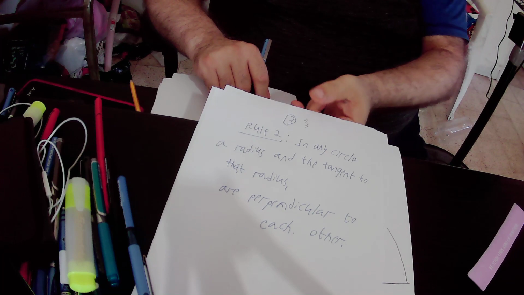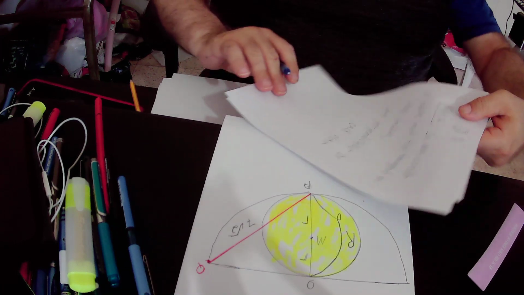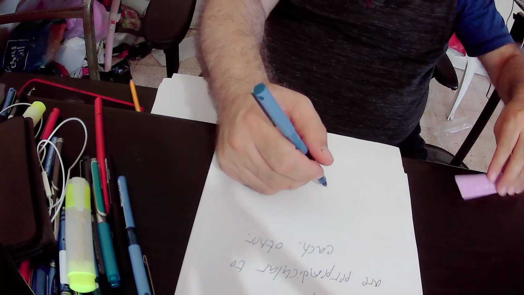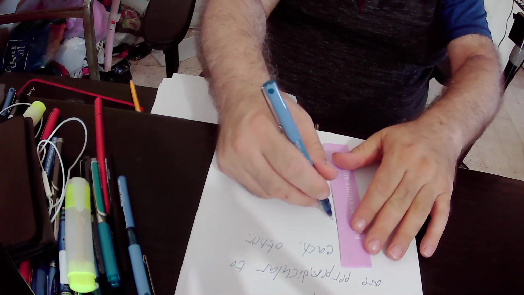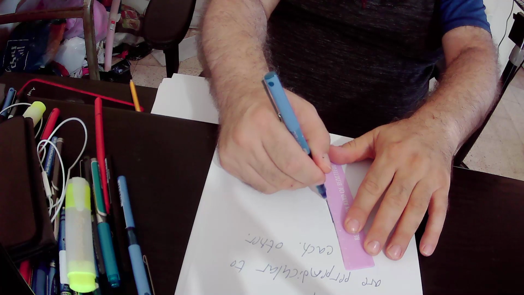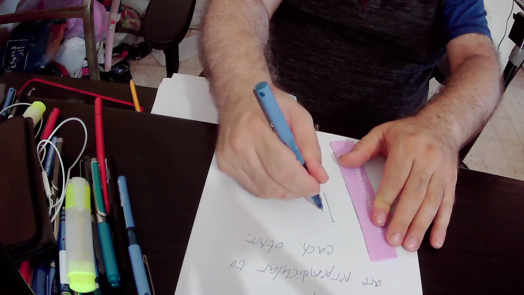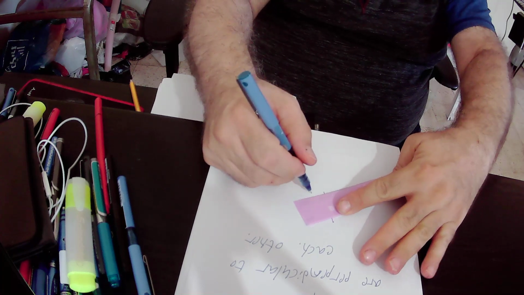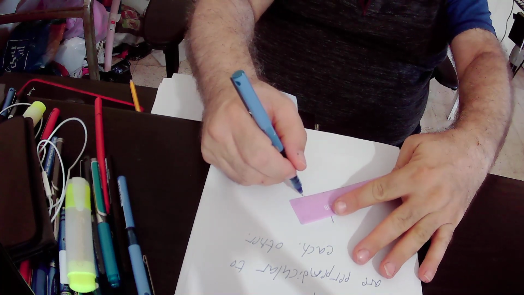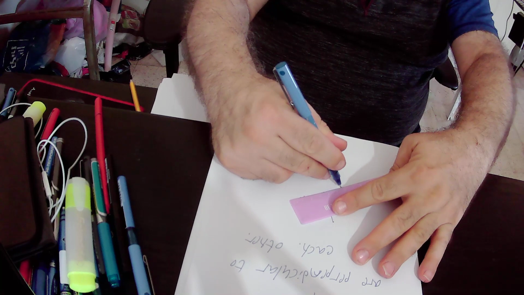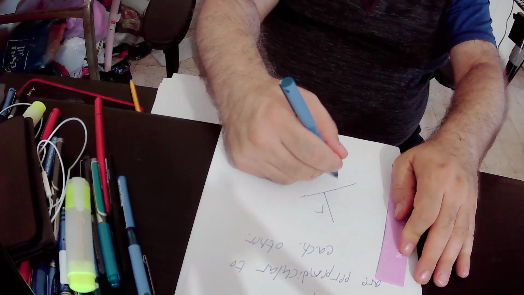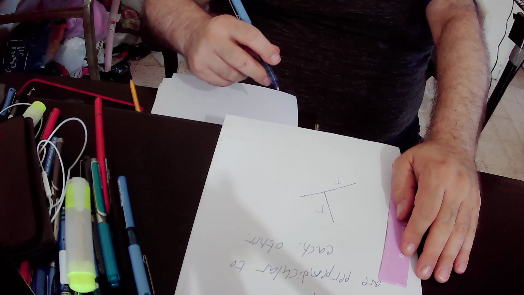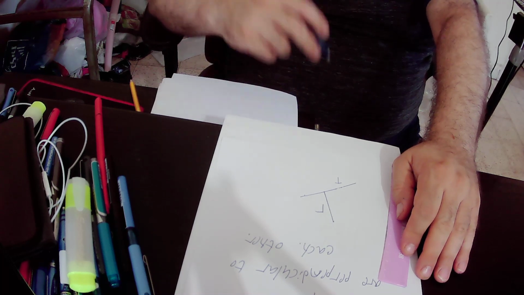So actually, if we have a radius, let's call it R, and if we have a tangent to that radius, let's call it T, then the radius is perpendicular to the tangent.